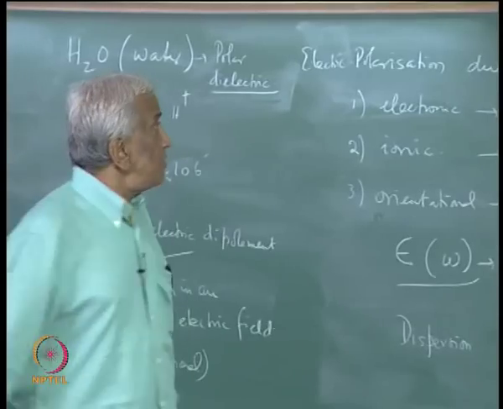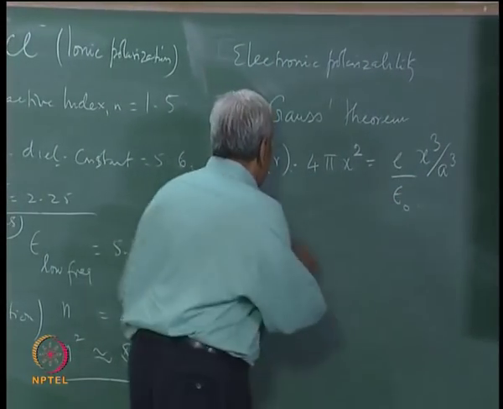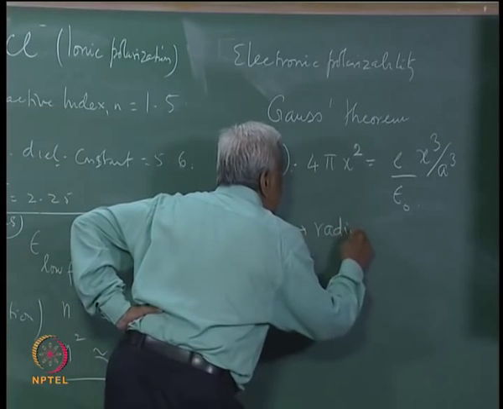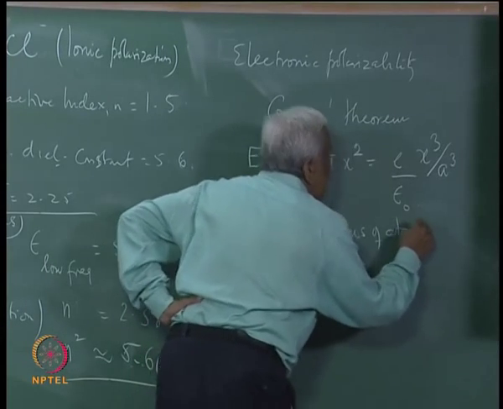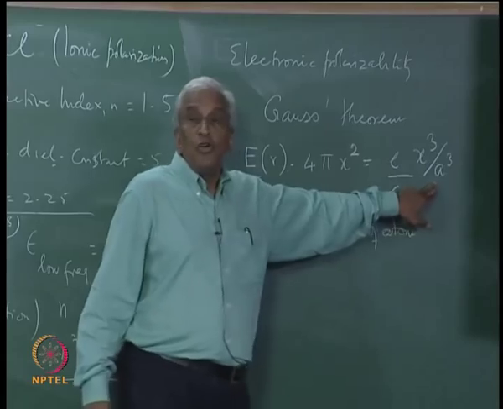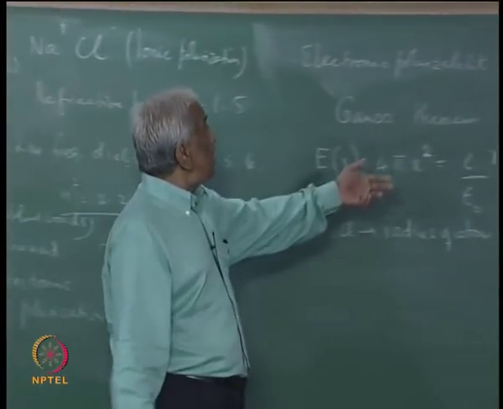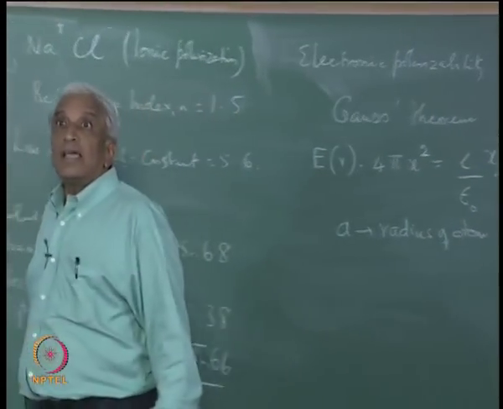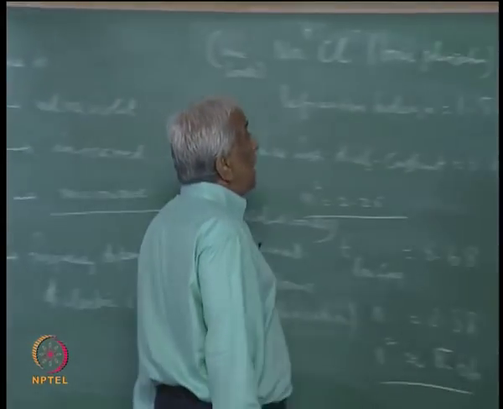Now, if the electronic charge is distributed over an atom of radius a, then the electronic charge is smeared over a volume 4/3 pi a cubed, of which we want to calculate the fraction of this charge intercepted by a spherical region of radius x.